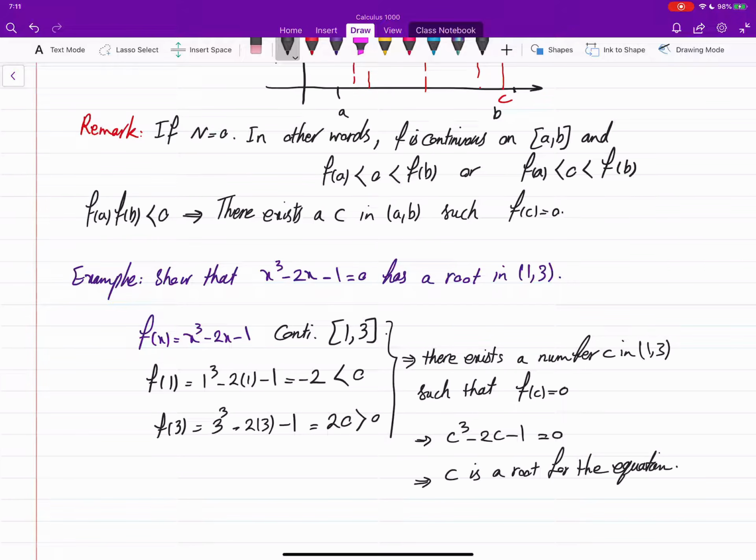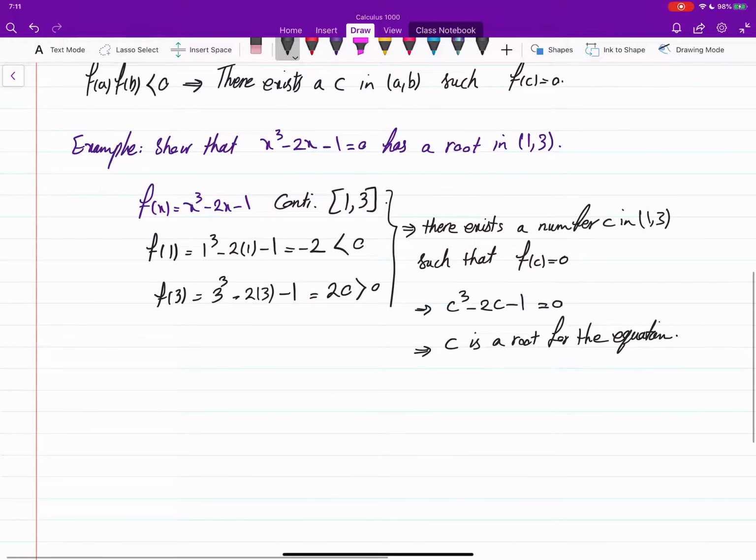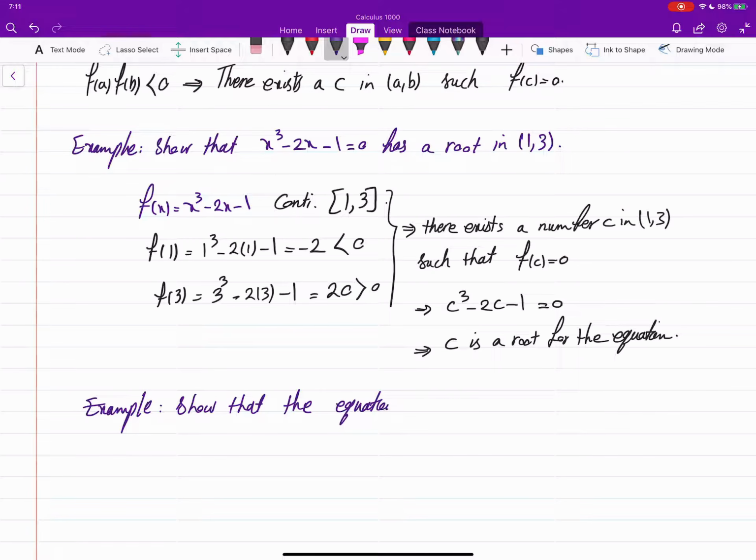Let us do another example. Show that the equation 4 to the power x equals 5 minus 3x has at least a solution on the real line.